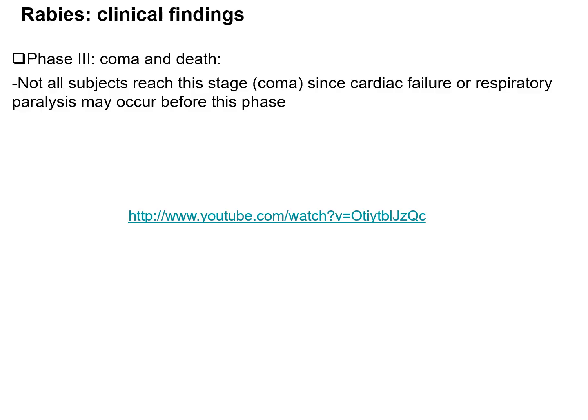Now, not every patient who has rabies reaches this state because during phase two, they might die due to cardiac failure or respiratory paralysis. This might happen before the person reaches this phase, and this is the link I was referring to. So please click the link and check what hydrophobia looks like in an actual rabies patient.